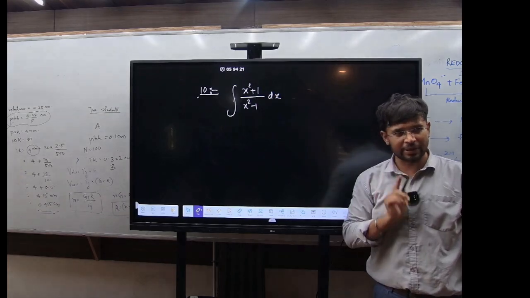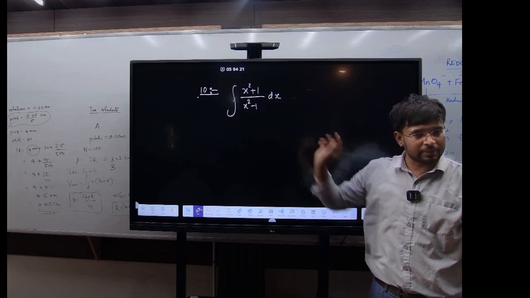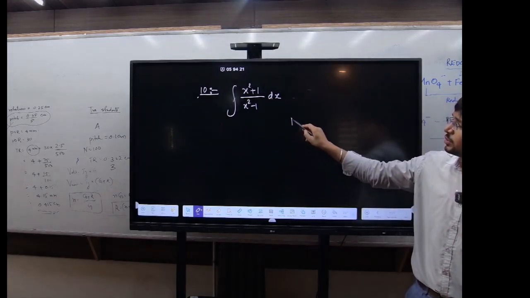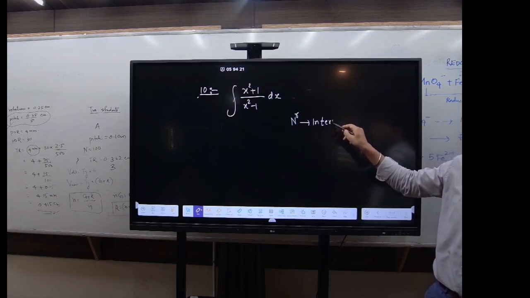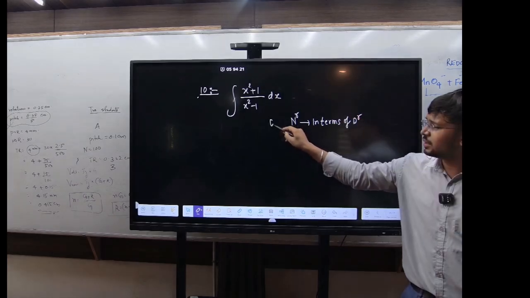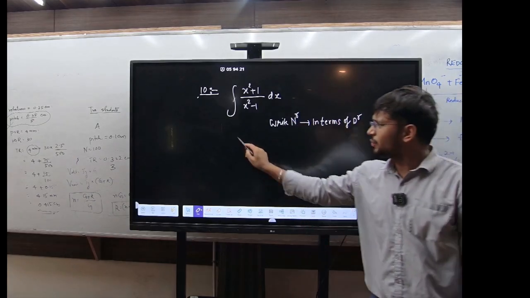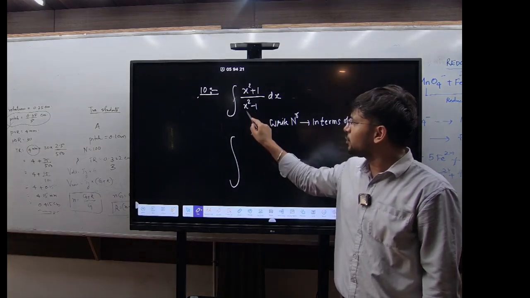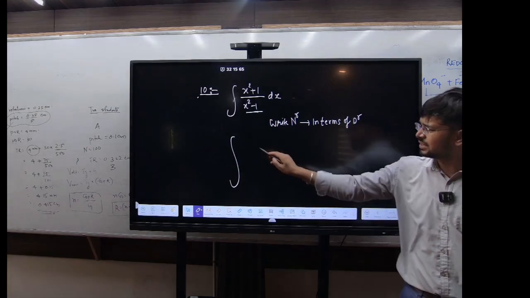If both have the same degree, then try to convert your numerator in terms of denominator, means write your numerator in terms of denominator. How would I write? First of all, x square plus 1 I have to write in terms of x square minus 1.